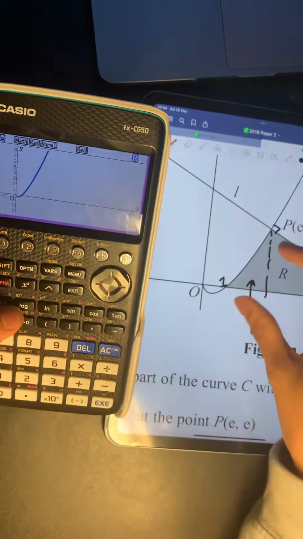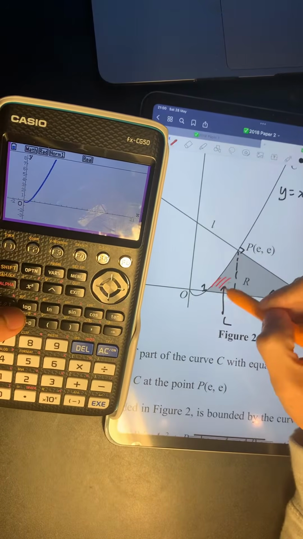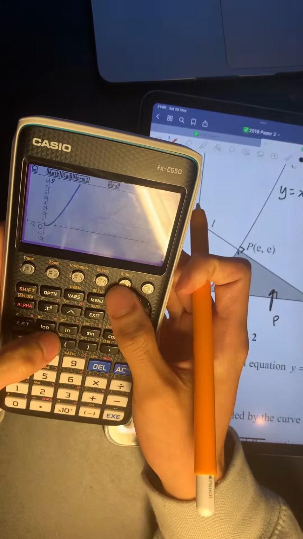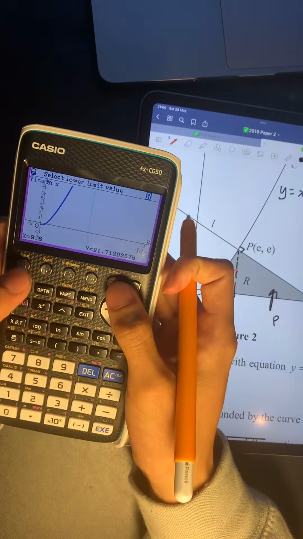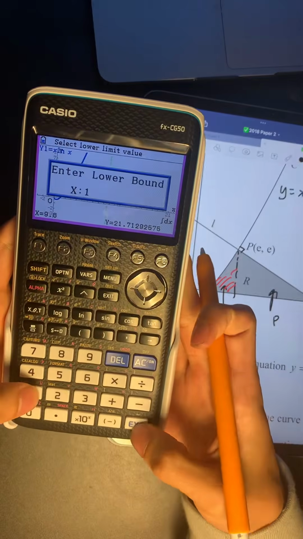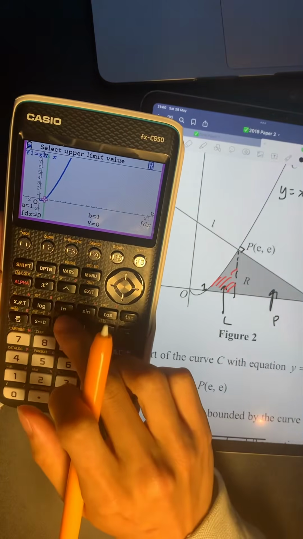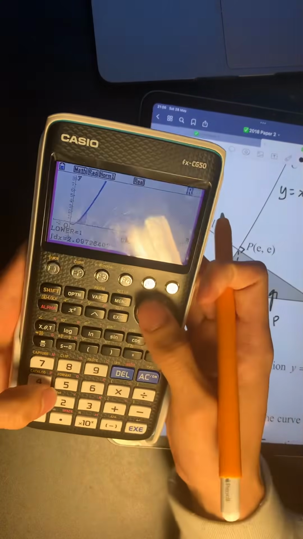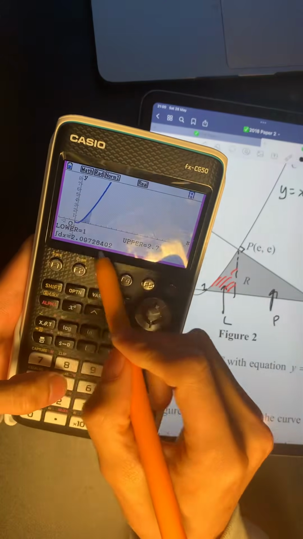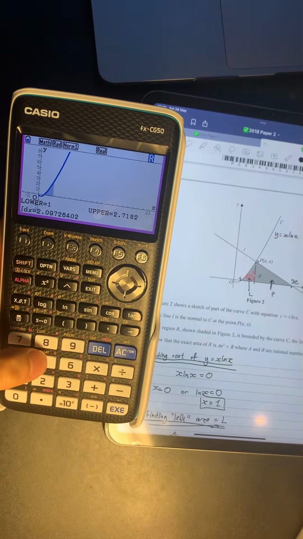Now we need to find the area, so we need to find this area here. We could check our area by doing G-solve, again, integral between 1 and e. For e, you have to do shift ln and go 1. And that outputs the non-exact area, unfortunately, because it's using numerical methods to calculate it.